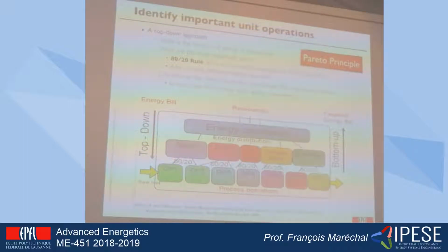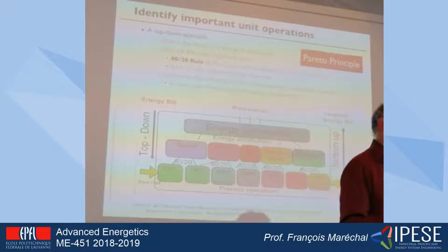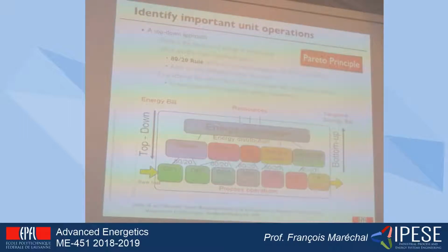Okay? In order to apply this principle, the way I would suggest to work is by realizing that the energy that is entering the system is first converted into a distributed form. I'm buying natural gas and I'm going to distribute steam. I'm buying electricity and I'm going to distribute glycol water.